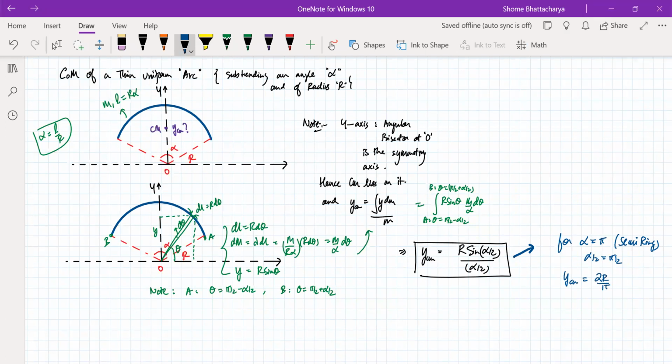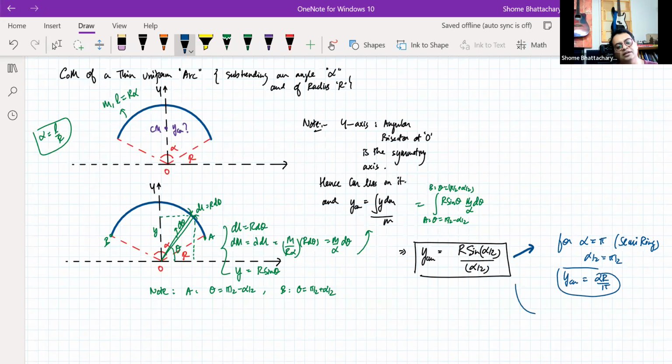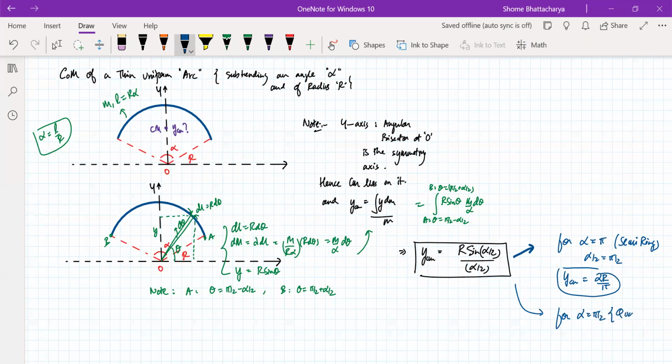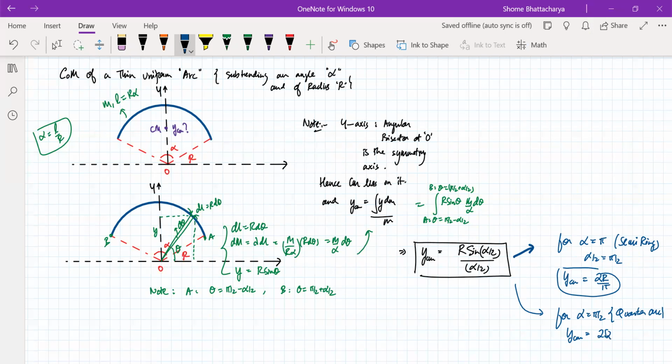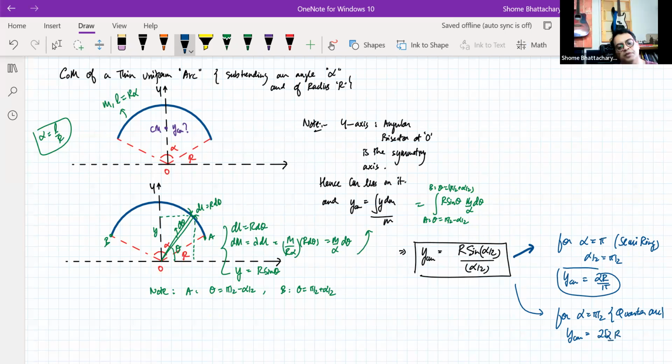But also if you take another case, for example, alpha equal to pi by 2, that is a quarter circular arc, then the y coordinate of the center of mass, this sine alpha by 2 will become 1 by root 2, and alpha by 2 in the denominator will become pi by 4. So it will be 2 root 2 r by pi.